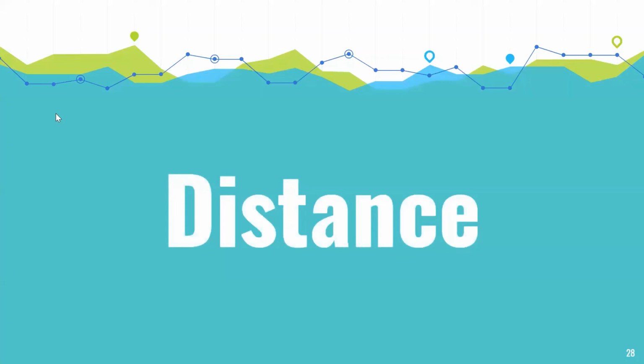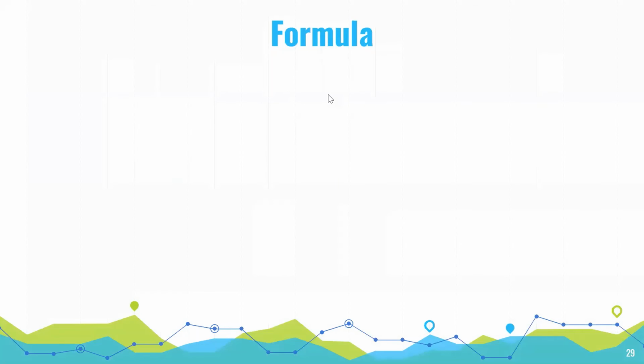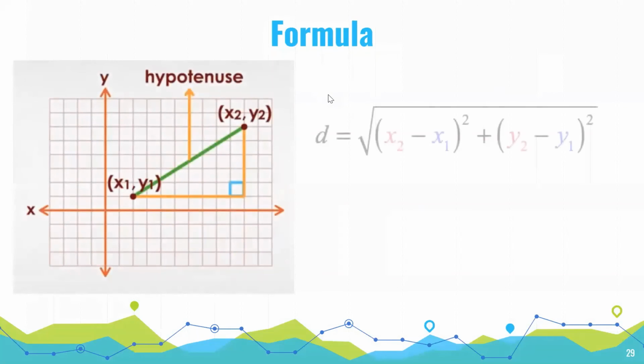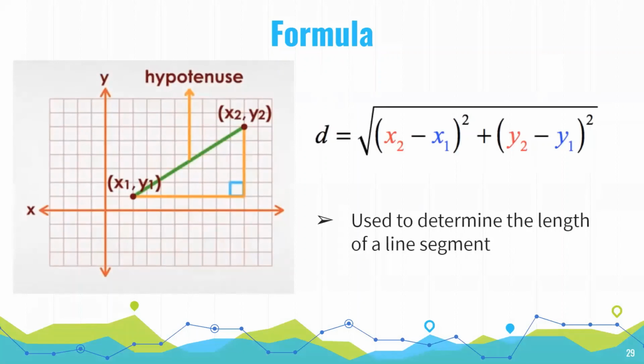So the last one we're gonna go over today is distance. To find the distance between 2 coordinates, we're gonna use this equation. Basically, we plug the coordinates into this equation to find the distance between them.